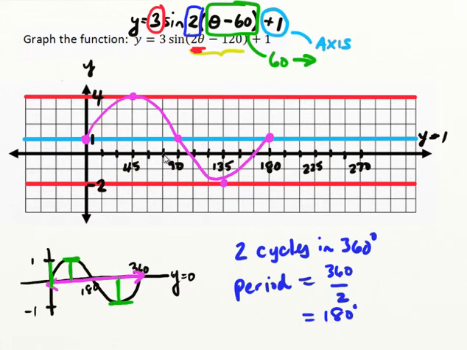All I need to do now is take each one of these 5 reference dots that I put in and move them 60 degrees to the right. On my grid, 60 degrees is going to be 15, 30, 45, 60, 4 of these squares. So I take this first one and move it 1, 2, 3, 4 squares to the right. This one, 1, 2, 3, 4 squares to the right.